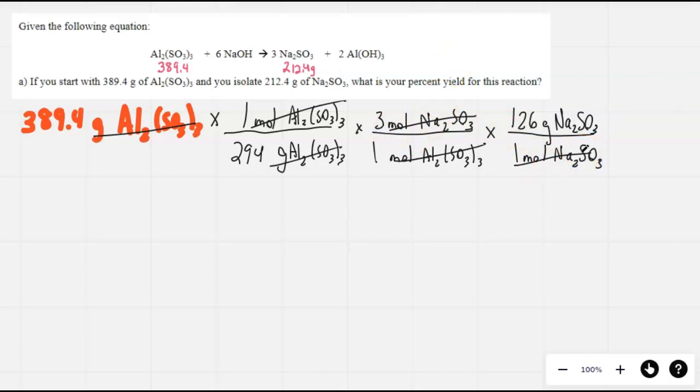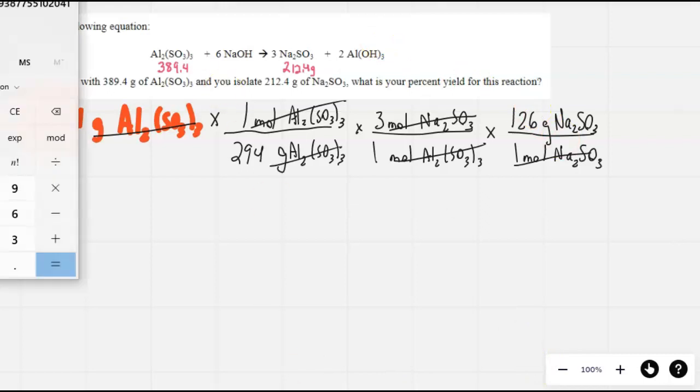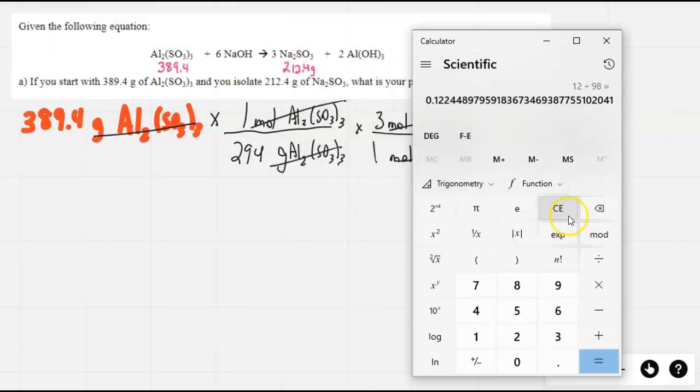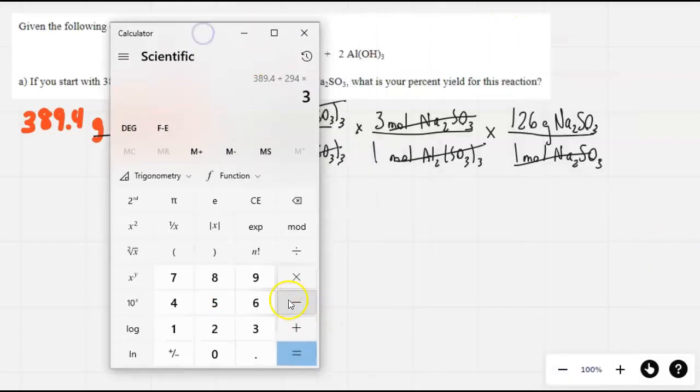No worries there. So we'll do 389.4 divided by 294 times 3 times 126 on my calculator. I get 500.7.